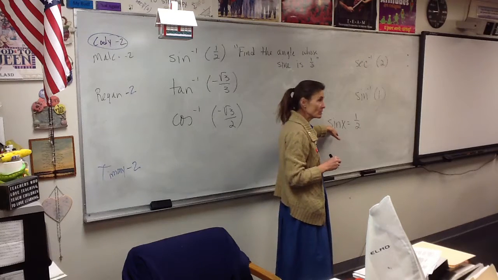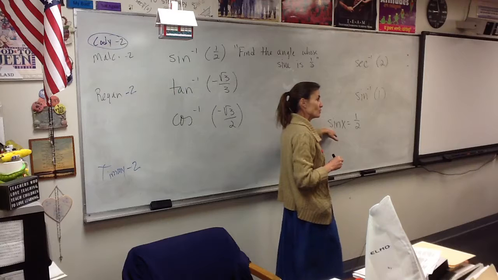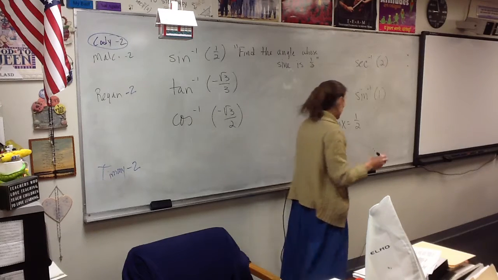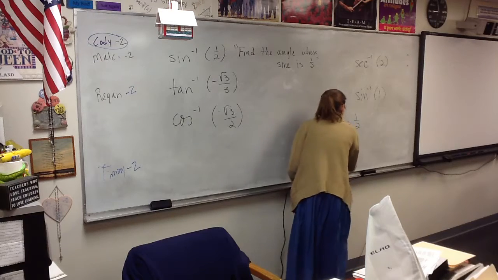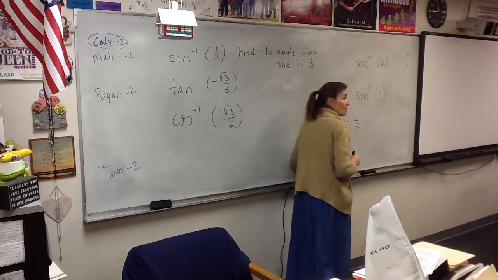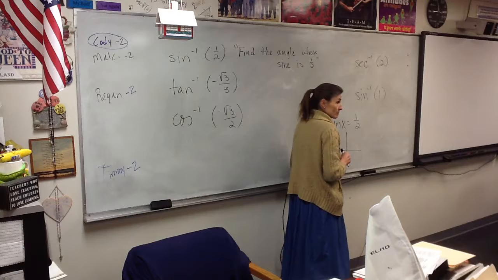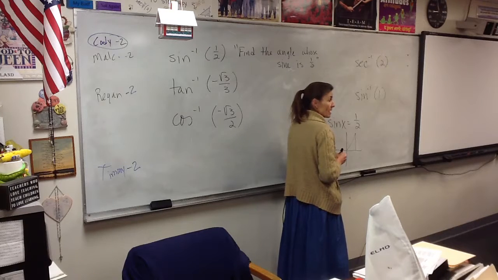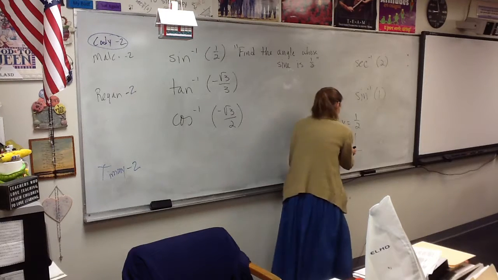But what happened when we solved these? How many answers did we generally get to these problems? 2. Because, for example, if you're looking at this one, the sine can be a positive number. Where? Quadrant 1. Quadrant 2.